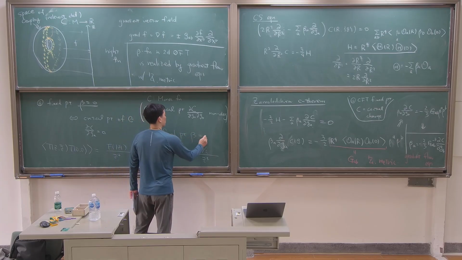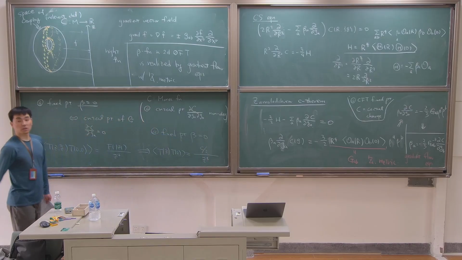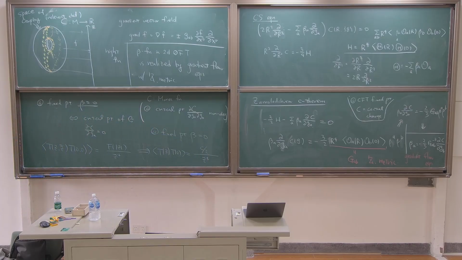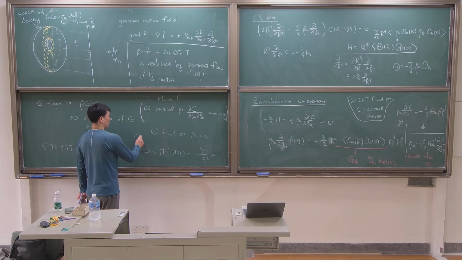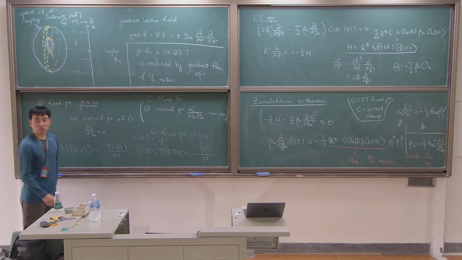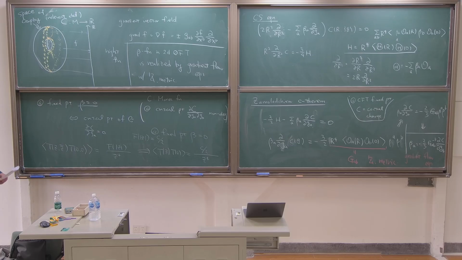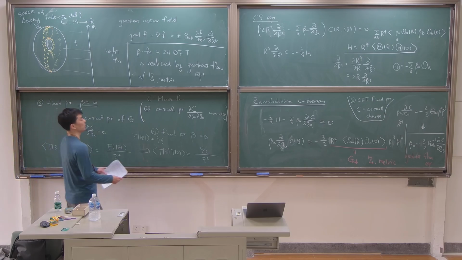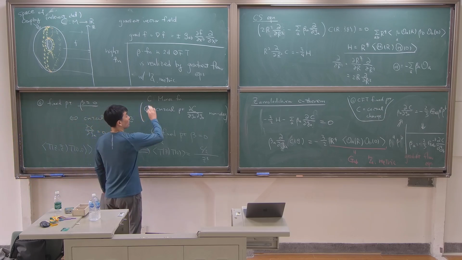Which means beta equal to 0. Okay? C over 2. So therefore F of Z is C over 2 at the fixed point. So it's just a constant, which is the central charge of the theory. And moreover, at the fixed point, the other parts will become 0.